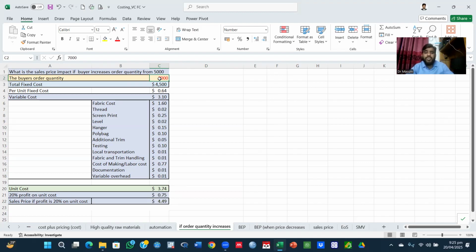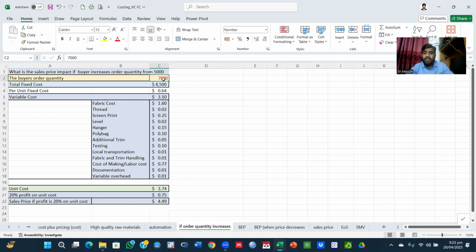If you produce more than your capacity, you have to outsource, number one, or number two, you have to rent one more factory, or you have to buy more machines, and your fixed cost will increase. And as a result of increasing fixed cost, your average cost will also increase. So this is how you can increase your order.